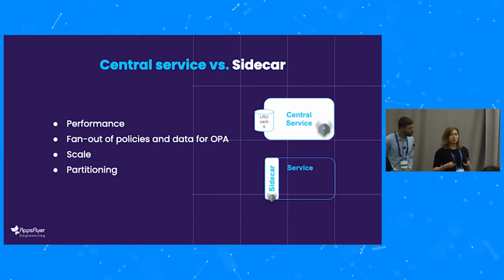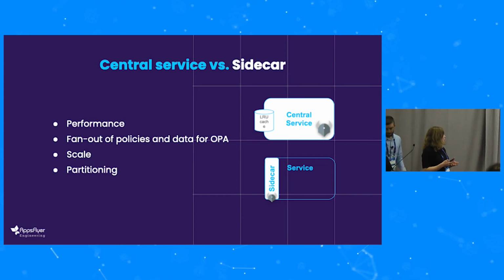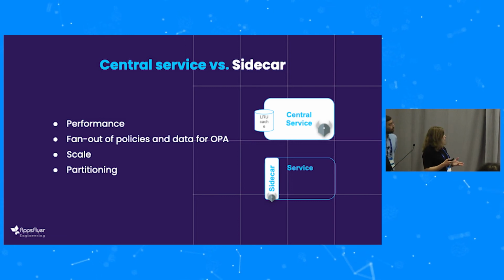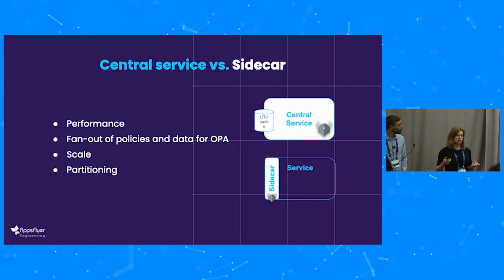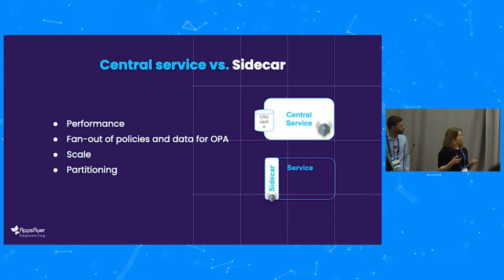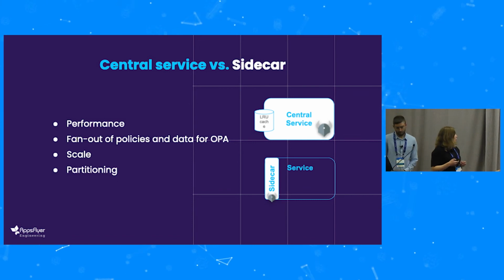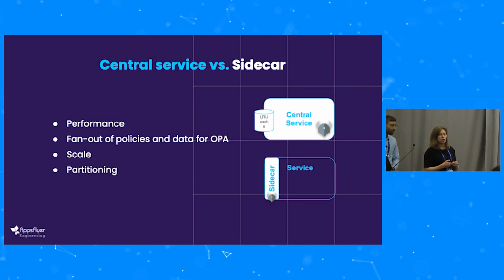The first challenge, or design decision, that we had to make is whether to use the decision engine as a central service or use a pattern called sidecar. Sidecar is a pattern where the decision engine is embedded inside the microservice. To get to the decision, we had to consider different trade-offs.